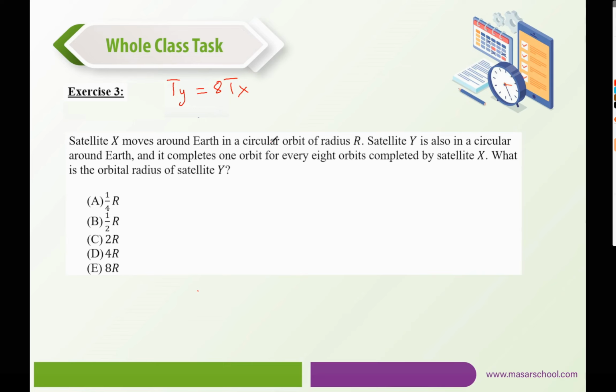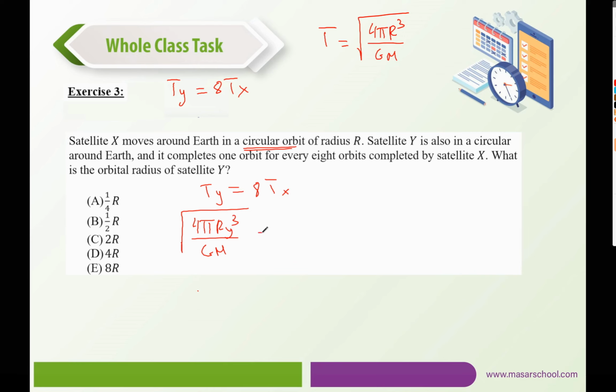Now, because we're talking about perfectly circular orbits, the period is given by the square root of 4 pi squared r cubed over GM. And now we can say the period of Y is equal to 8 times the period of X, then that would be the square root of 4 pi squared ry cubed divided by GM, which is equal to 8 times the square root of 4 pi squared rx cubed divided by GM.